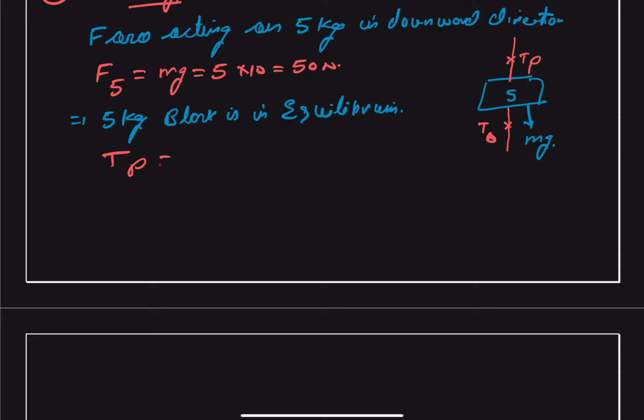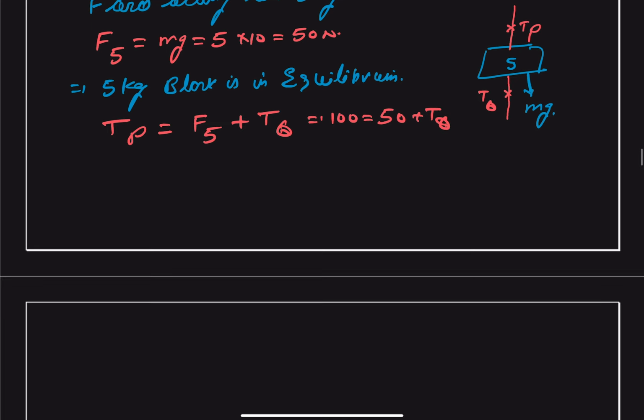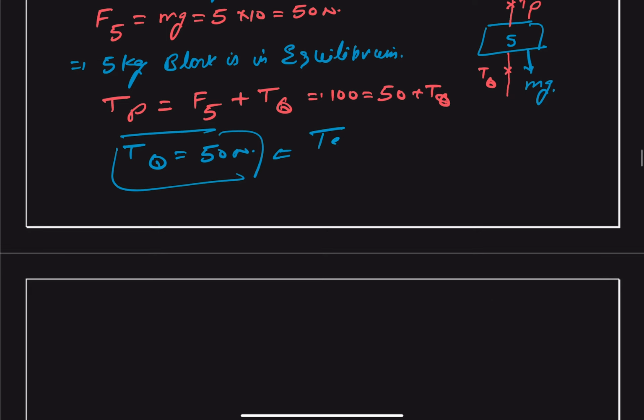One is F5 and the other force is Tq, the tension in the Q string. From here, Tp we already know is 100, F5 we just calculated is 50, and this gives Tq. Therefore Tq will be equal to 50 Newton. So this is our tension in the Q string.